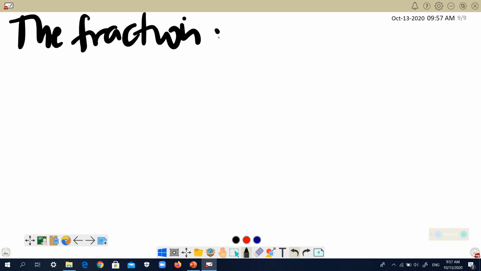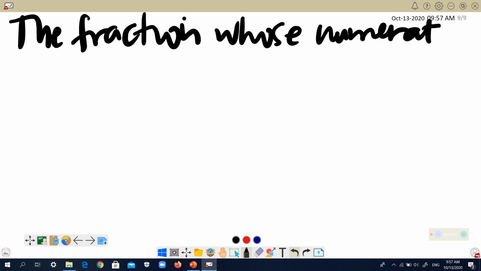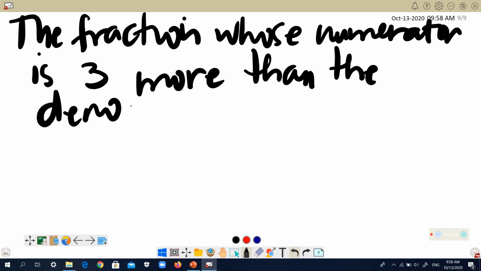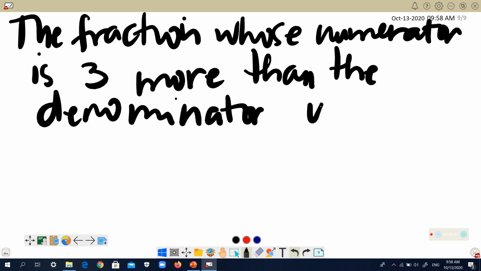For another example, let us have the fraction whose numerator is 3 more than the denominator. For example, our denominator is represented by y.